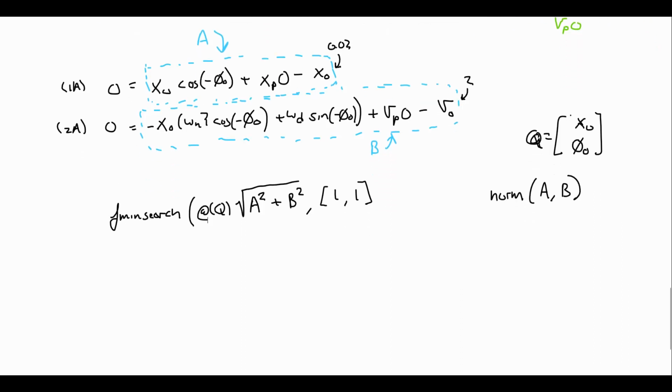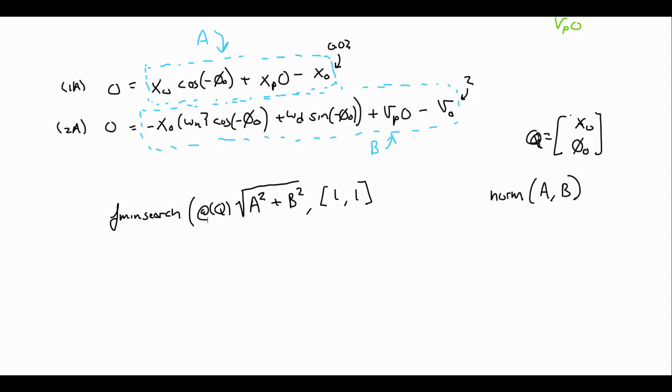Well, I'm taking the square root of something. At least we're only going to be using real numbers here, the smallest the square root of something can ever be is 0. So it's trying to find when the square root of this thing is 0, since that's its minimum. A squared, if we look at how that is up there, well, A itself is going to be minimum when my x naught cosine negative phi naught plus xp0 is equal to the given x naught, that 0.02 in this case.